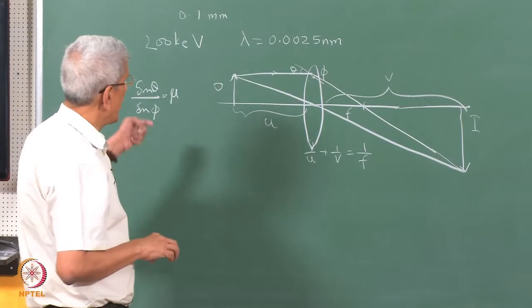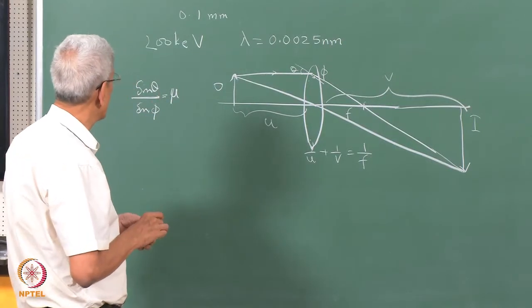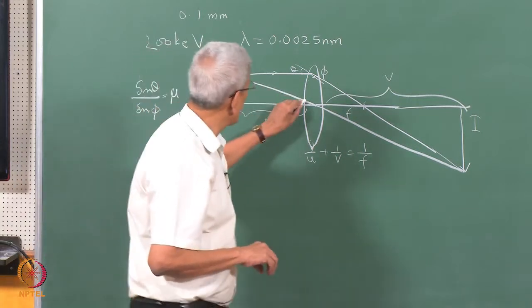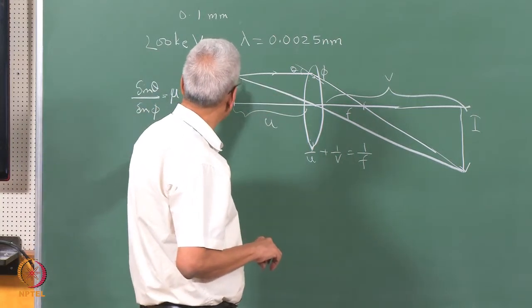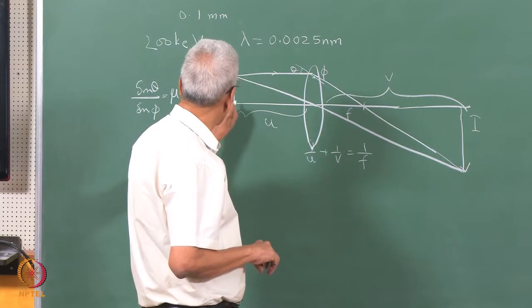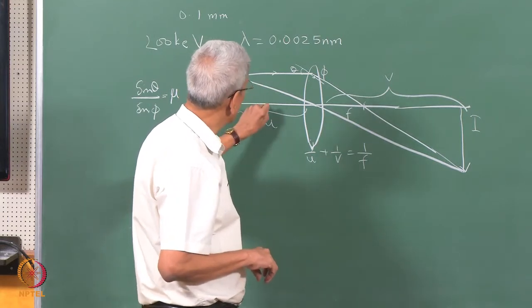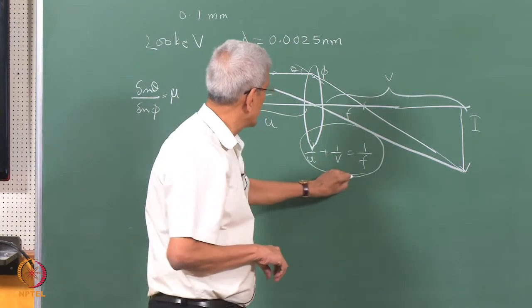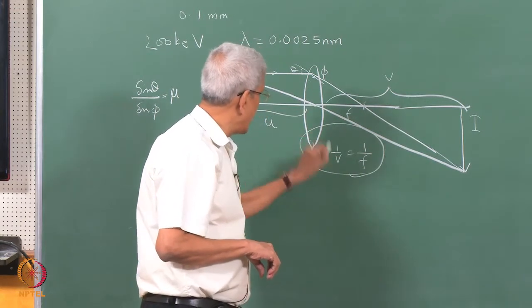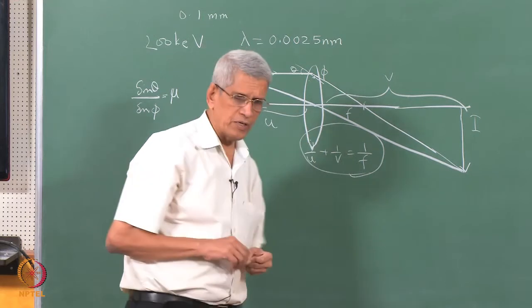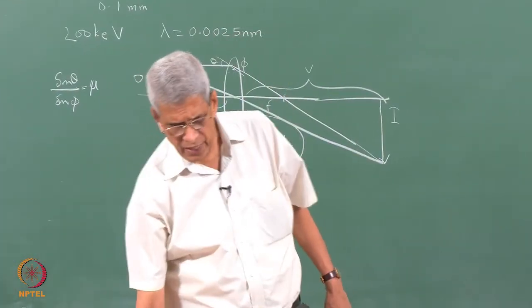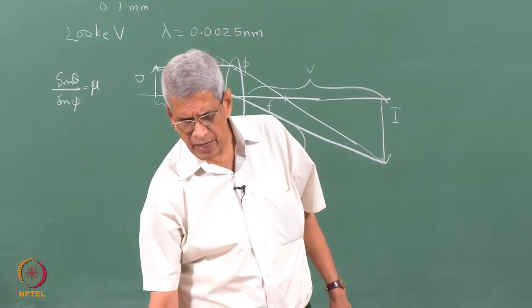If we apply this rule, then for a ray from an object which is parallel to the optic axis but not very close to it, will it obey this rule or not? This law, this Gaussian formula itself, is derived for the condition that these are all paraxial rays.